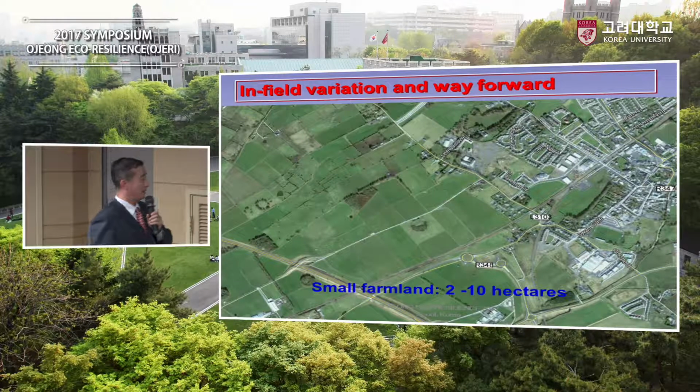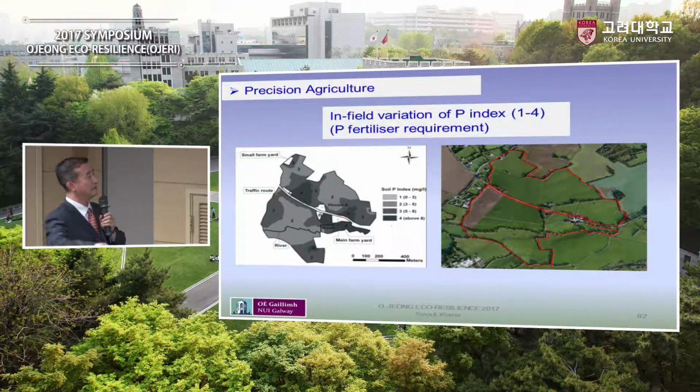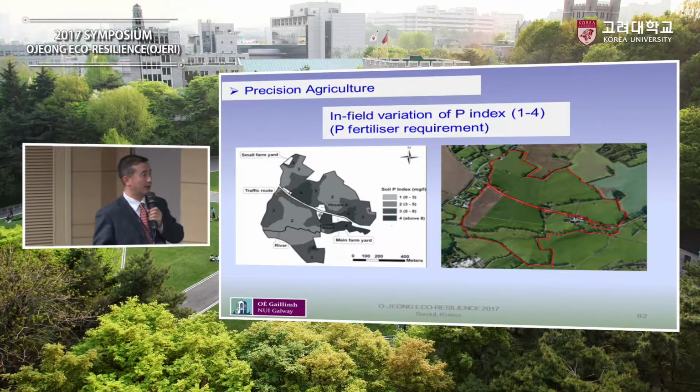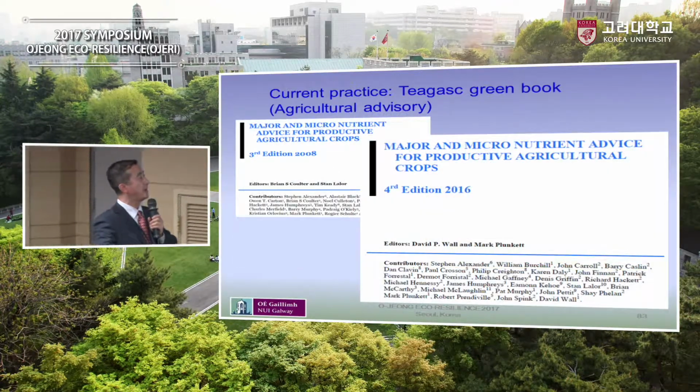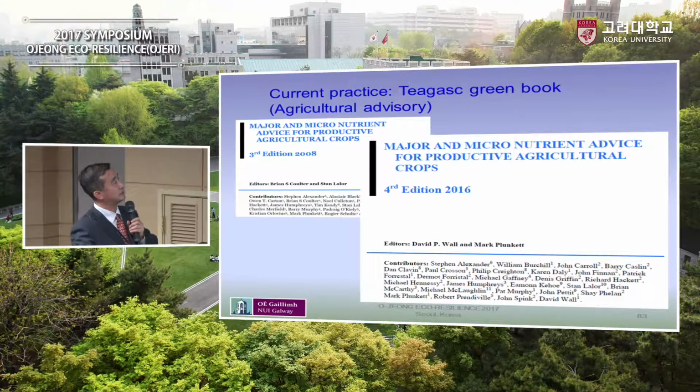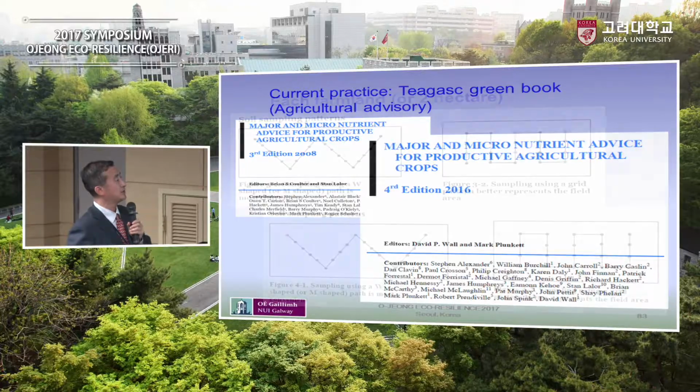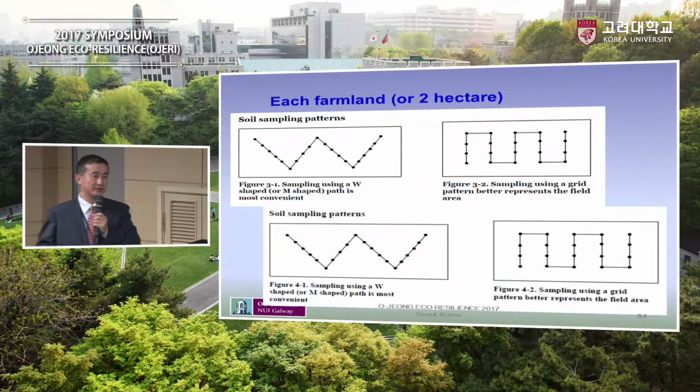Okay, the second one I want to talk about is this very interesting one. That's a commercial company currently operating in Galway. So we get the in-field variation of nutrient demand. Even within one land, we will see different levels of demand for nutrients. But in Ireland, currently, we have this Green Bible from the Department of Agriculture. Farmers have to follow this recommendation to apply their fertilizer.